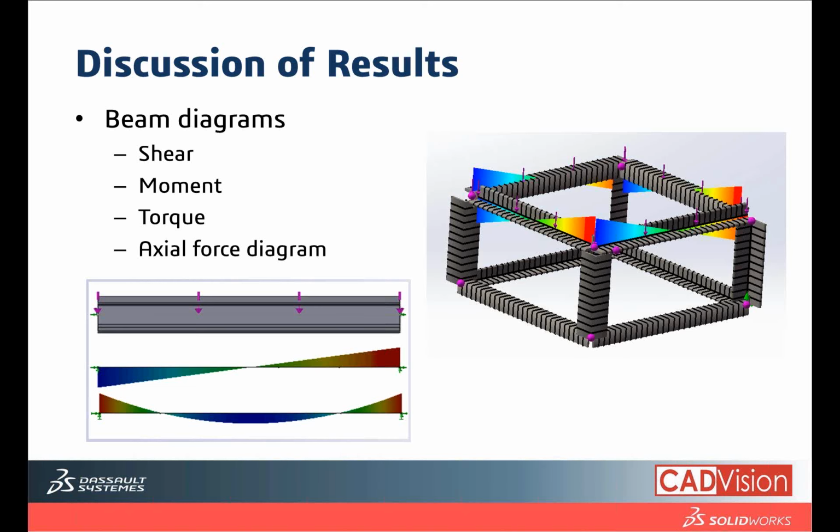These are some of the examples that you can see here. Simply pick the beams that you want to know the shears, the moments, the torques, or the axial force diagram for. You can call that out with just 2 clicks or 3 clicks.